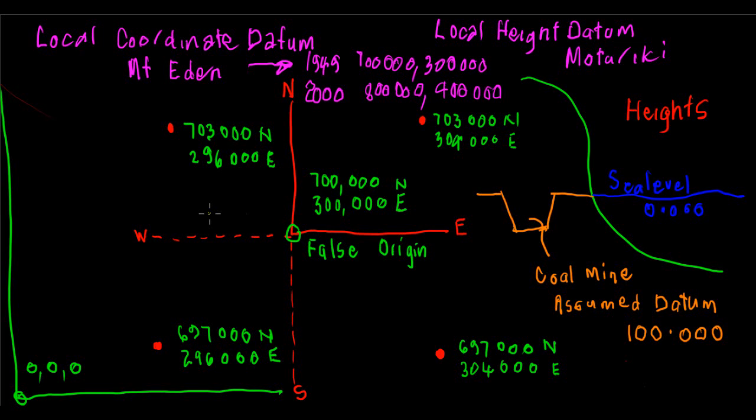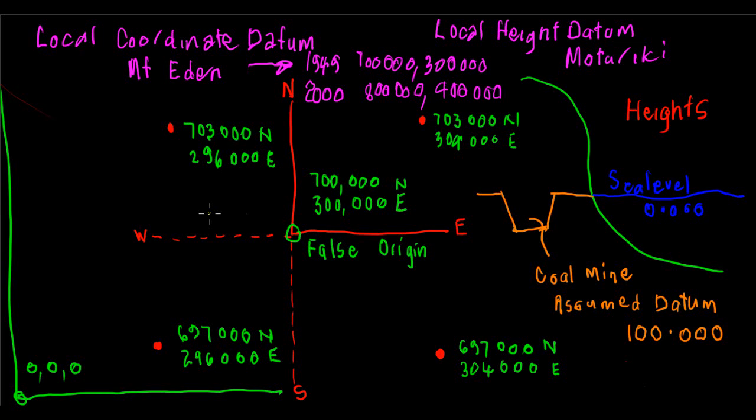However, there are some situations where we do go below sea level, and to avoid those negatives we can use an assumed height datum, and so we might have an assumed datum of 100 metres.